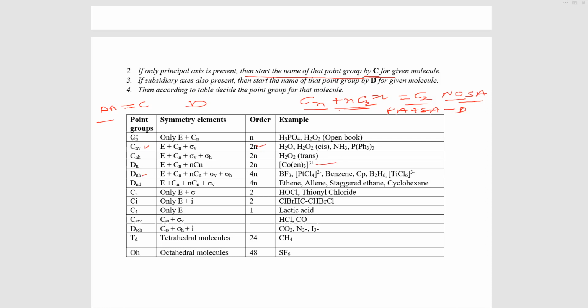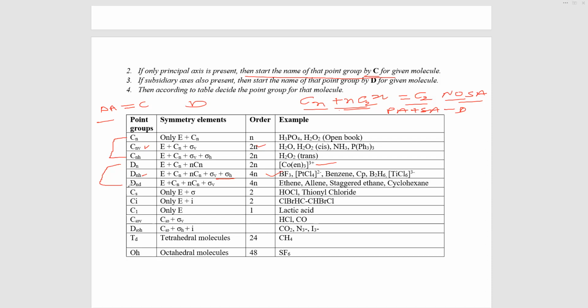Dnh: now see, here we are starting from the letter C, and here from the letter D. Why? Because in the C case only the principal axis is present, but in this case the principal axis as well as the subsidiary axis are both present. That's why we start the point group's name with D. So for Dnh: E, Cn, n C2, plus sigma v plus sigma h, and 4n will be the order.